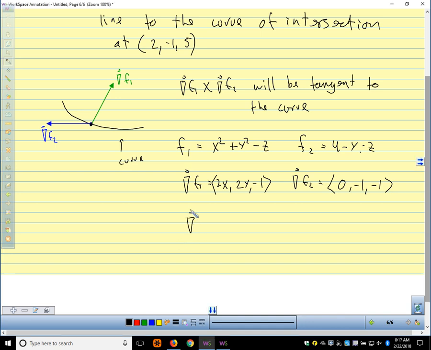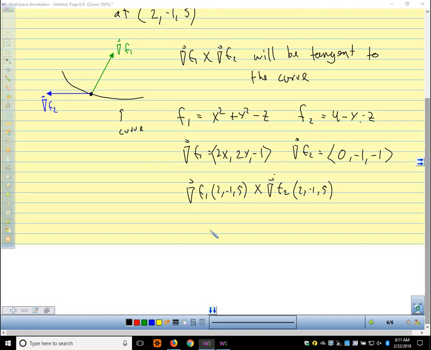So del f1 at 2, negative 1, 5, cross del f2 at 2, negative 1, 5 is going to be this determinant: i, j, k, negative 4, negative 2, negative 1, and 0, negative 1, negative 1.